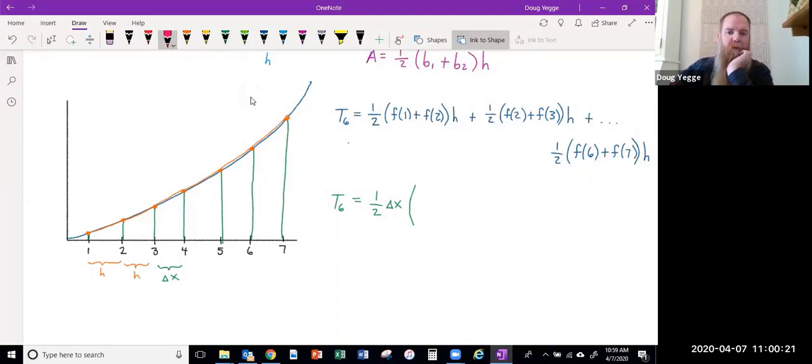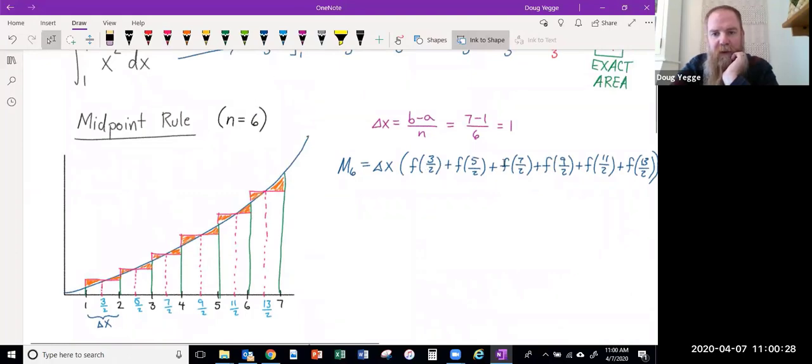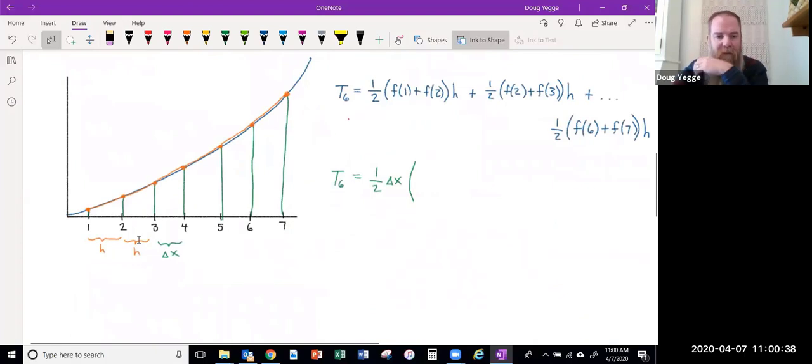But now I want to know what's going on inside. So remember that inside here, each of these heights right up here were the heights of the rectangles at each of the midpoints. Now for the trapezoidal rule, I'm not using the midpoints. I'm actually using the nice simple values of 1, 2, 3, 4, 5, 6, and 7.